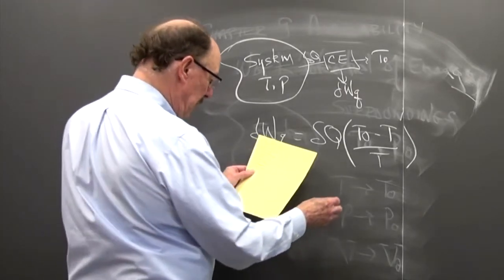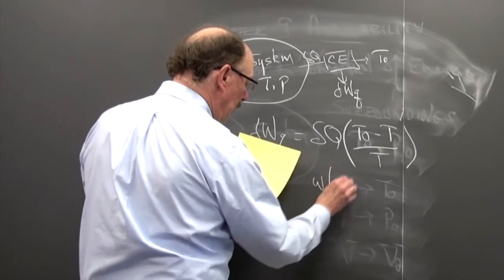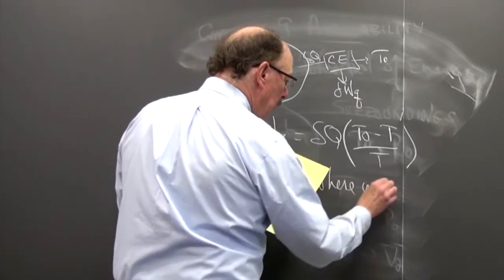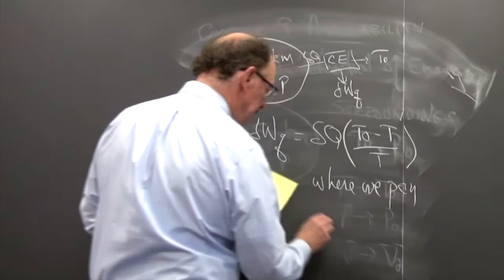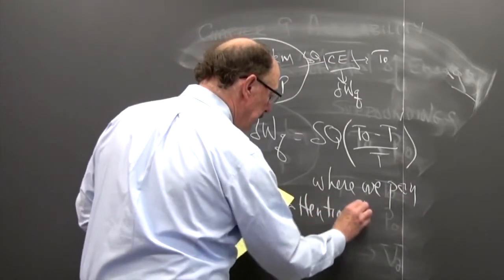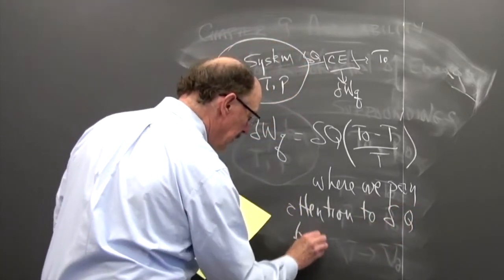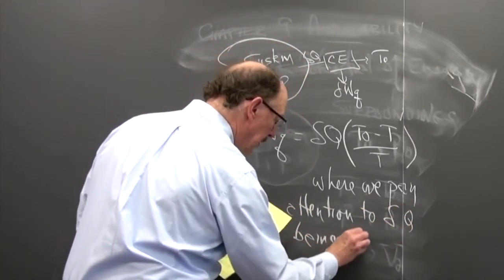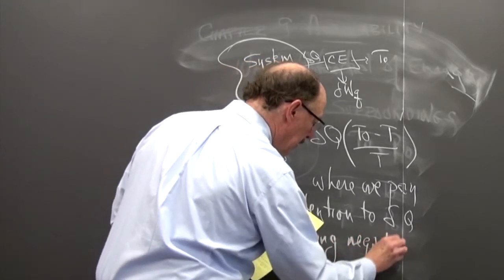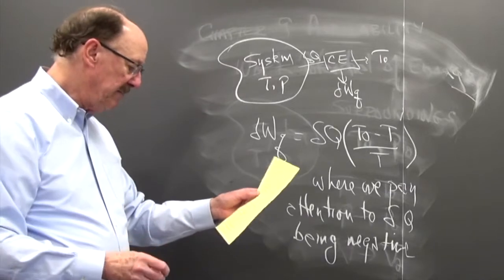And this is where we pay attention to del Q being negative because it's leaving the system. So del Q is negative leaving the system.